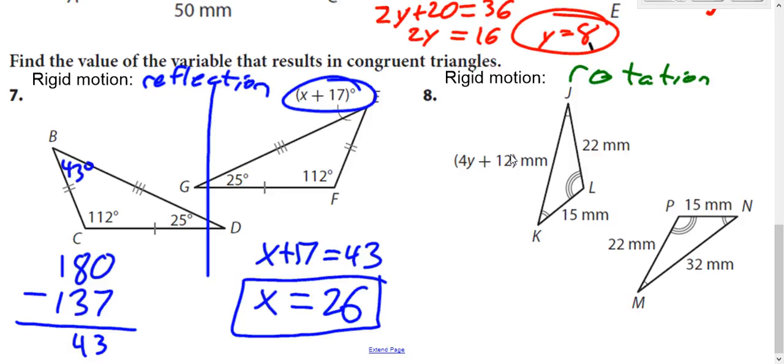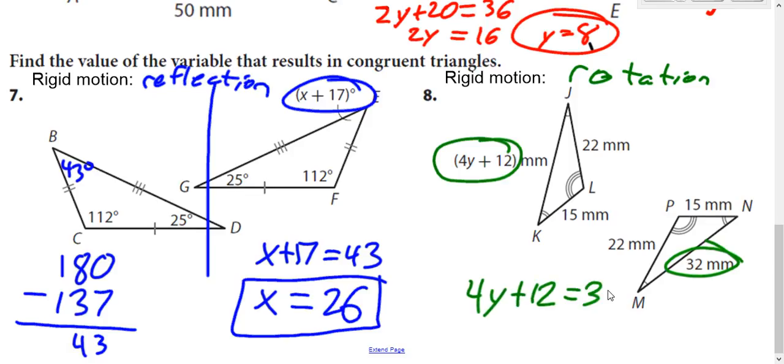Which means that the 4y plus 12 would match up with the 32 millimeter side. So that's your equation. Subtract, you get 4y equals 20. So y equals 5.